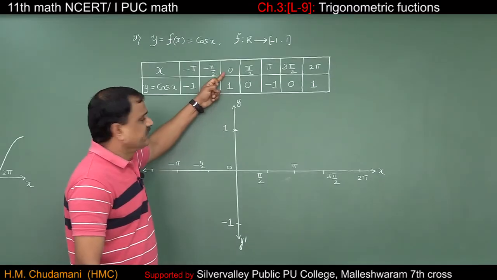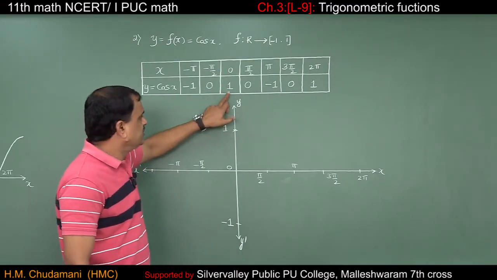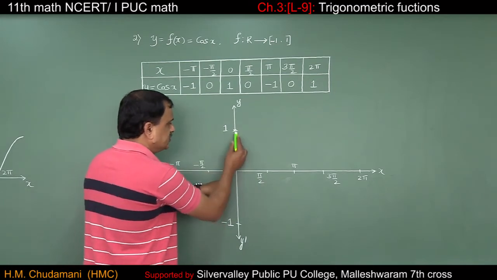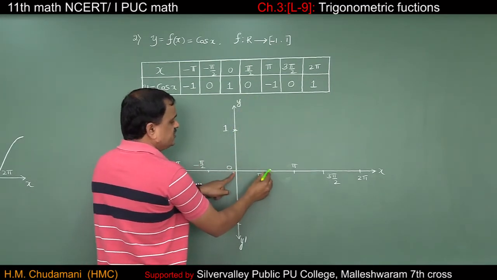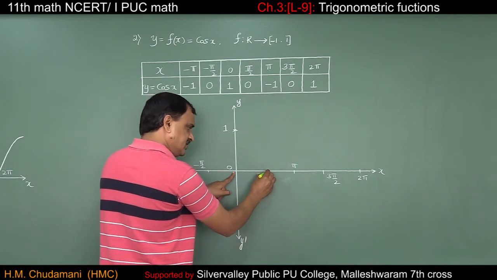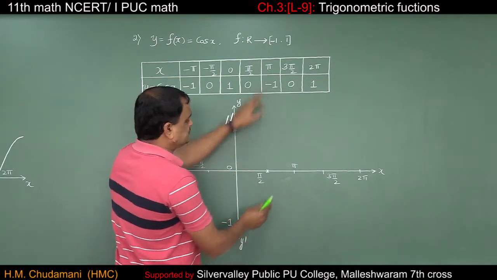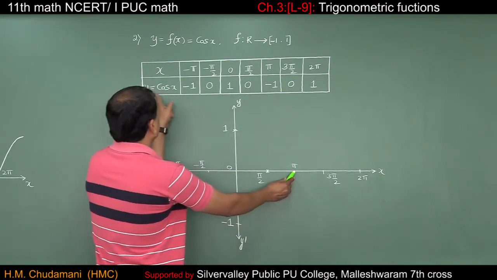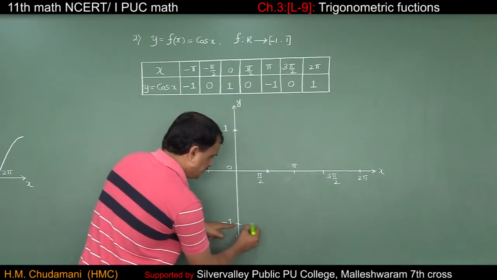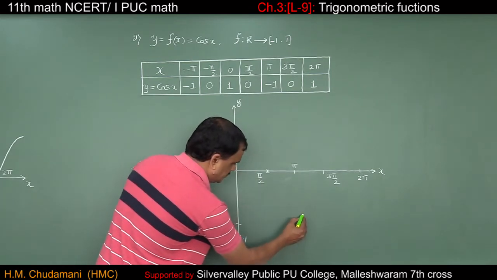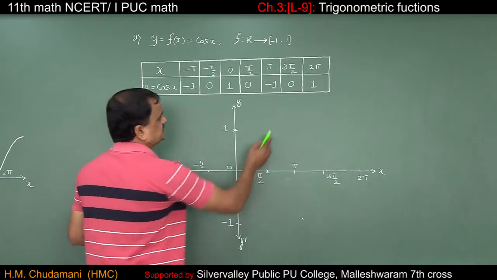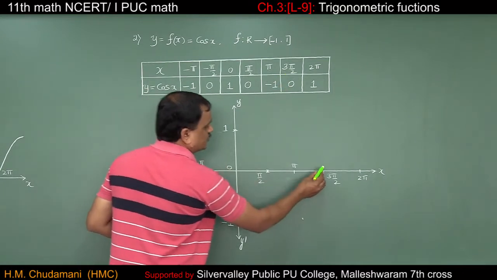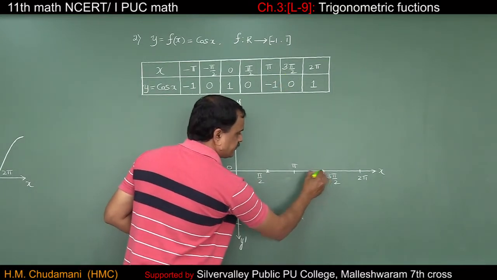See, when x is equal to 0, y is equal to 1. When x is pi by 2, y is equal to 0. When x is pi, y is equal to minus 1, here. When x is equal to 3 pi by 2, it is 0.